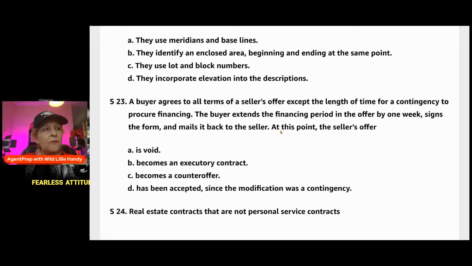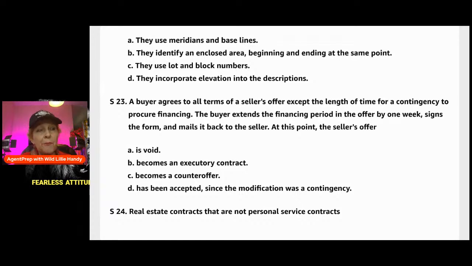So be very careful. The buyer agrees to all the terms of a seller's offer except for the time. So they change something in the offer. What happened to the initial seller's offer when the buyer countered? It is now void, yes, because now we have a new offer since something changed from the prior.